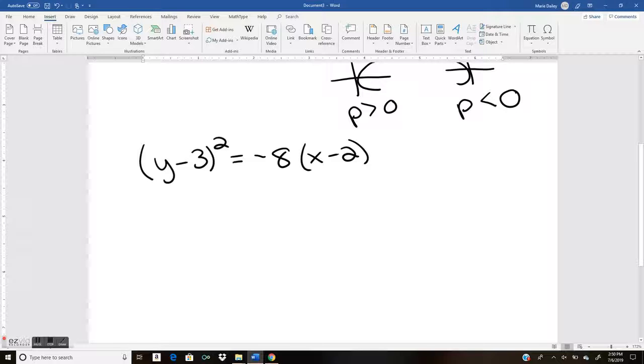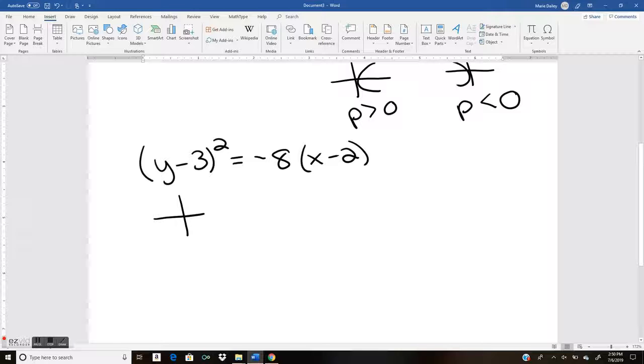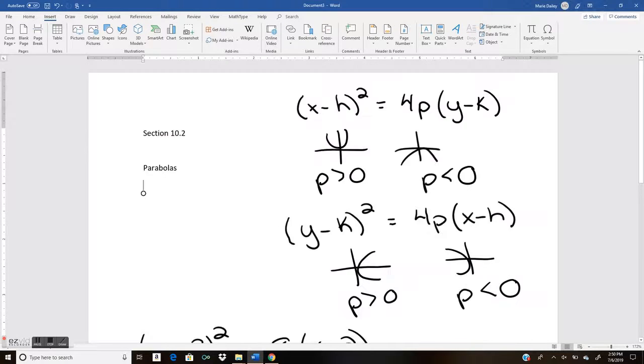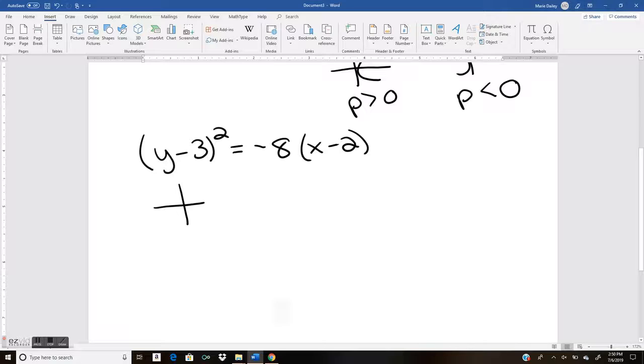First thing I want to determine is if the graph opens up or down. Since it is y squared, that means the graph is going to open left or right. We then need to find our p-value. Our generic unshifted form is y squared equals 4px.